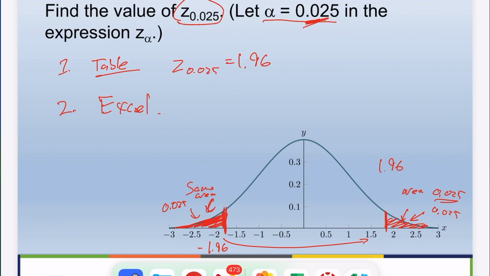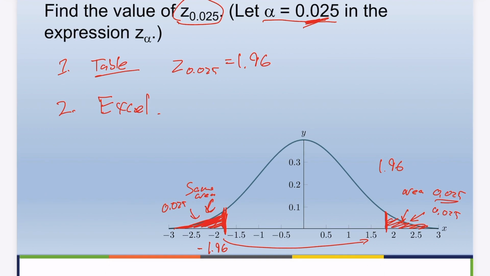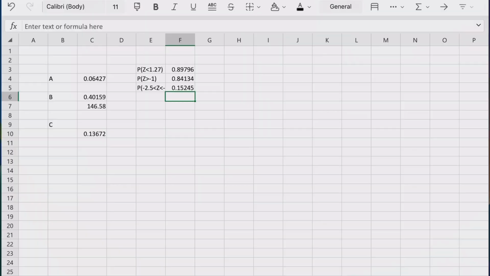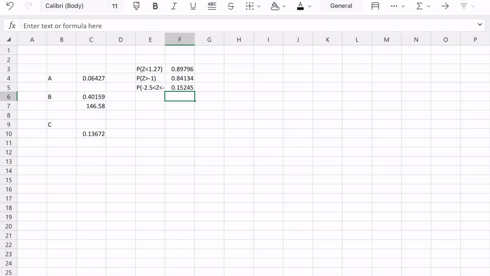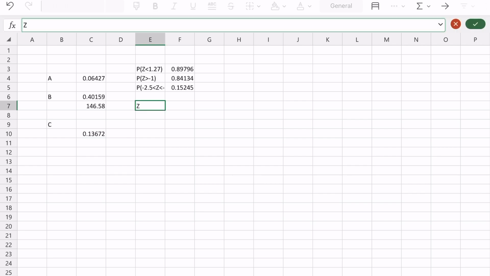All right, let's go. So we're going to do the same thing because remember, Excel only also gives me area to the left. So I need to find what area to the left I'm interested in, and that happens to be the same value. Now let's go ahead and take a look at Excel. So I go to Excel. I get my keyboard out. All right, now this one here I'm looking for z sub 0.025.